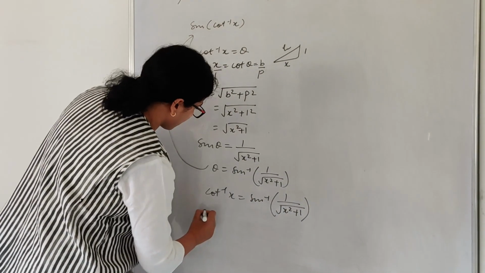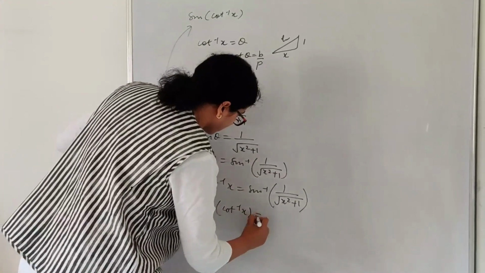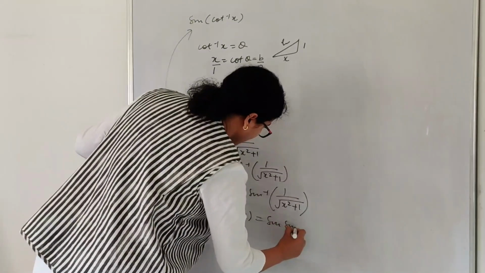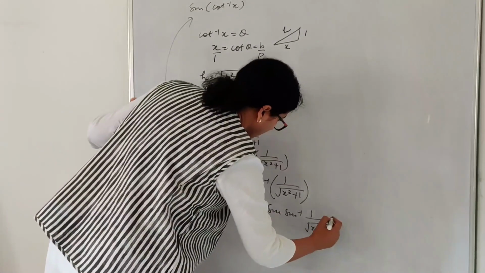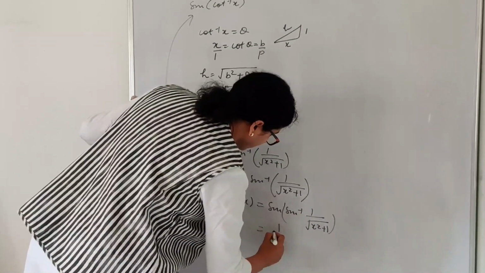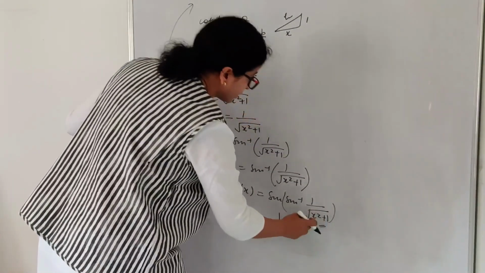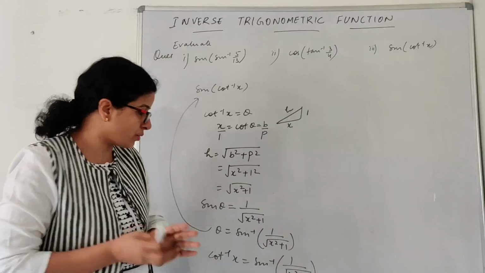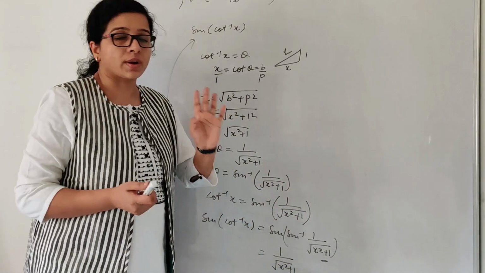So it means sine of cot inverse x equals sine of sine inverse 1 upon root of x square plus 1, which equals 1 upon under root of x square plus 1. And obviously we know this will be less than 1. Hence sine of sine inverse is 1 by under root of x square plus 1.